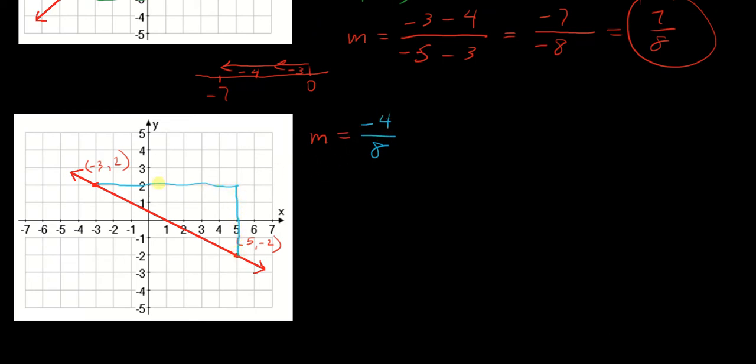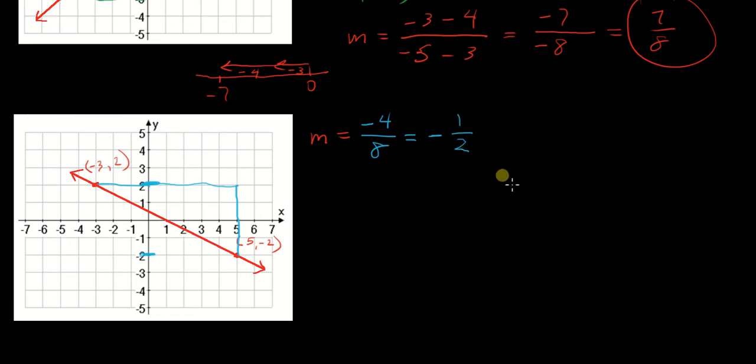Okay, what happened to y? Well, y was here at 2 and it dropped to negative 2. Well, a drop is a negative. Y on the vertical y number line, y was at 2 and it went back to negative 2. That's a loss of 4. Okay, a negative divided by a positive is a negative. 4 and 8 reduced to 1/2.